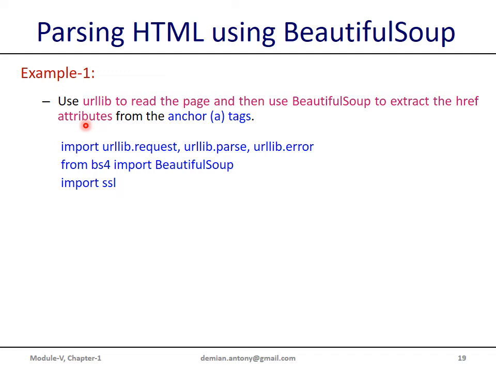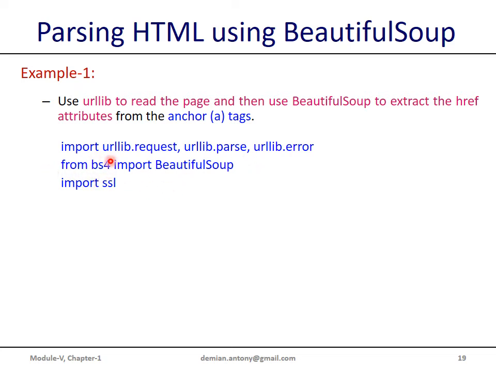One thing we have to remember is BeautifulSoup uses the urllib library. That's why we need to import urllib.request. We need to use parse because it uses the urllib built-in parser, and even the errors library, urllib.error. And then we have to import BeautifulSoup.